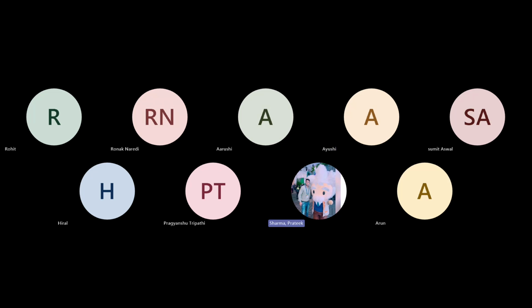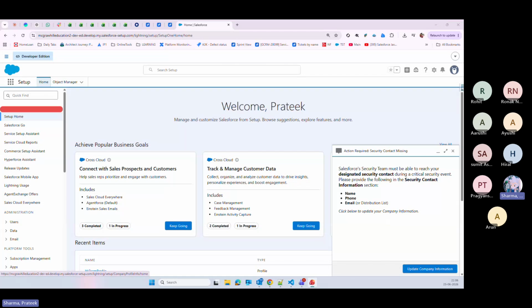Okay, so the agenda for today is we'll discuss a couple of field types and a validation rule: roll-up summary field, validation rule, and formula field. A formula field is actually used to calculate things, and the output will be the value of the field.